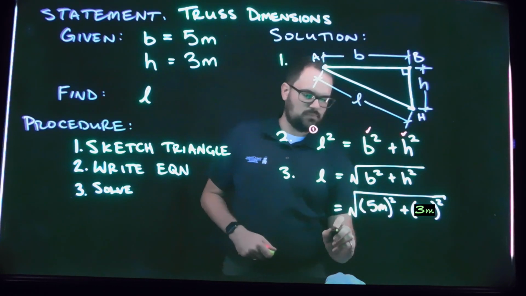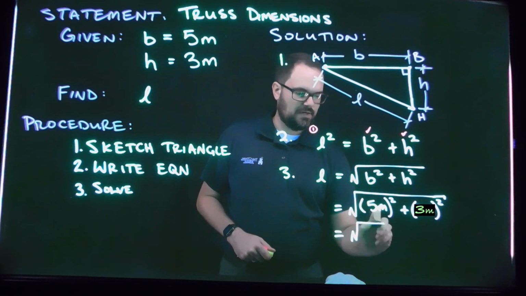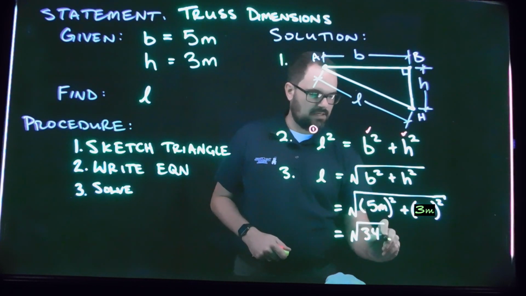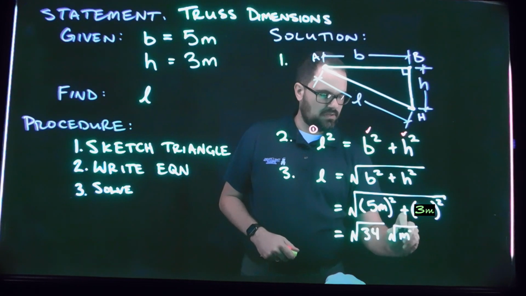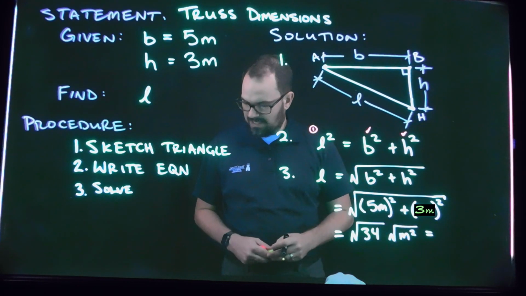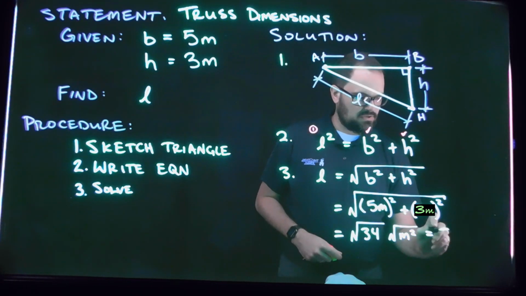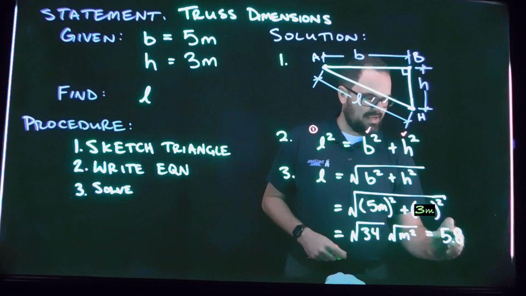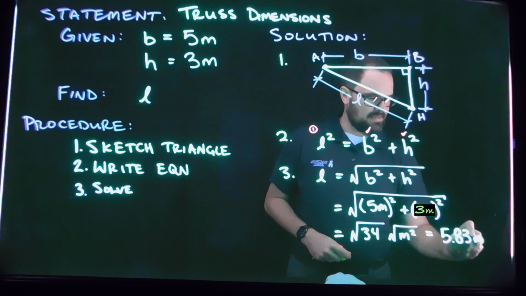When we do this, we'll get the square root of 34 times the square root of meters squared. Now the square root of meters squared is going to give us just meters, so our overall length is equal to 5.83 meters.